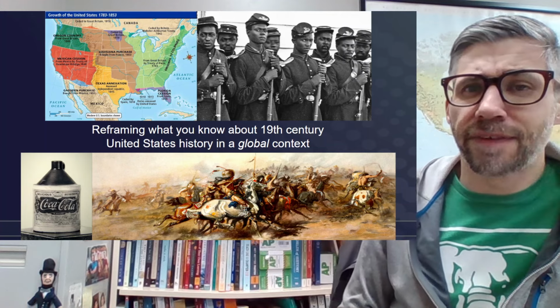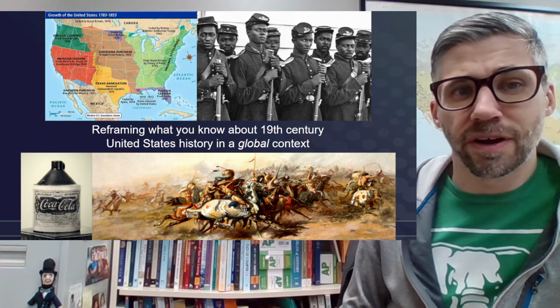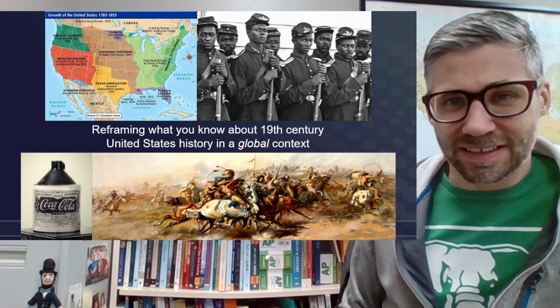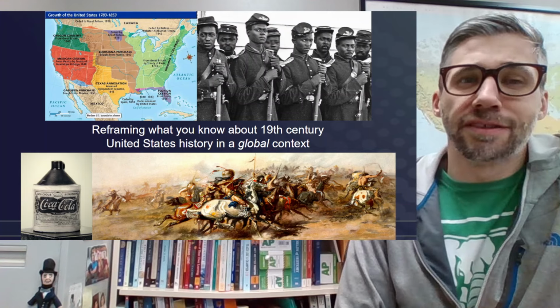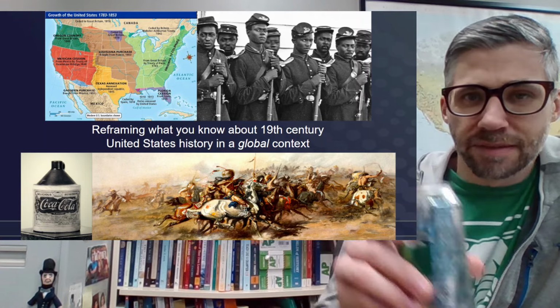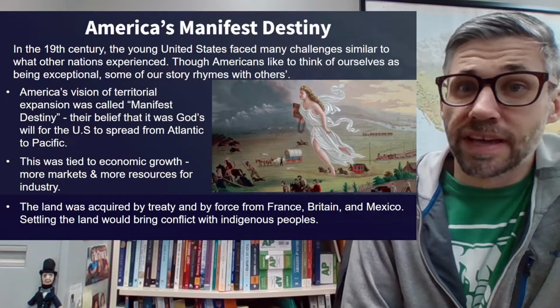Images of the United States fighting against Native Americans, indigenous people, and how does that fit in with the broader global pattern? And just this growing economic life marked by industrialism and consumerism and products we all know and love, like Coca-Cola or Diet Mountain Dew, somewhat less famous, but lower in calories.